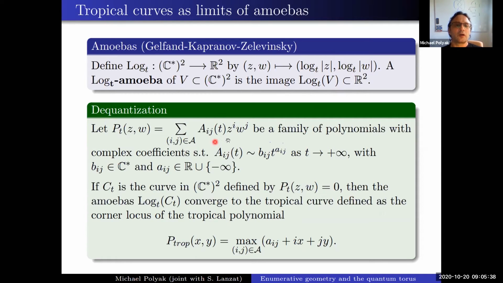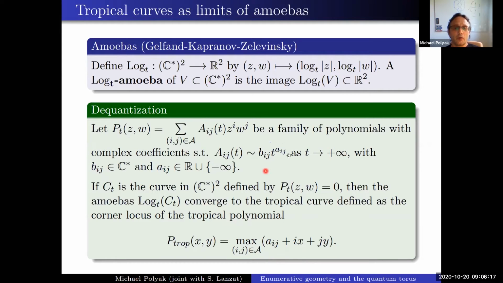So if you look at some polynomial, or rather even at a family of polynomials, where the coefficients depend on this parameter t and change appropriately as t goes to infinity, then the moment you take the limit, these amoebas do converge to a certain tropical curve, which is just the corner locus of the following tropical polynomial.